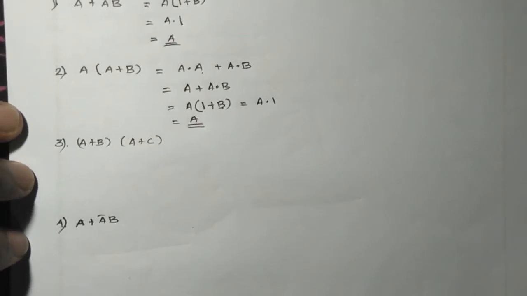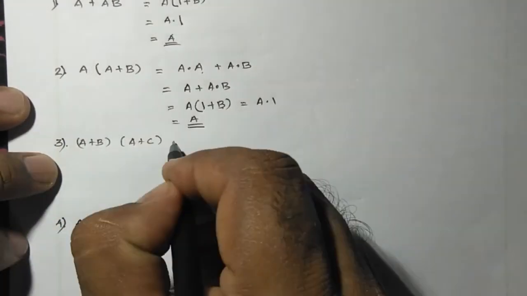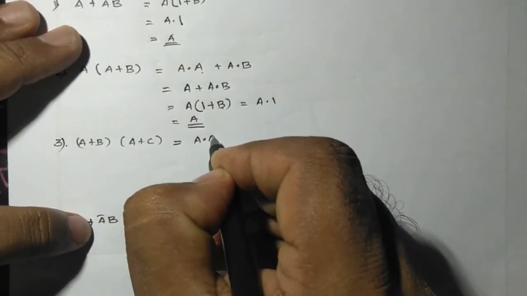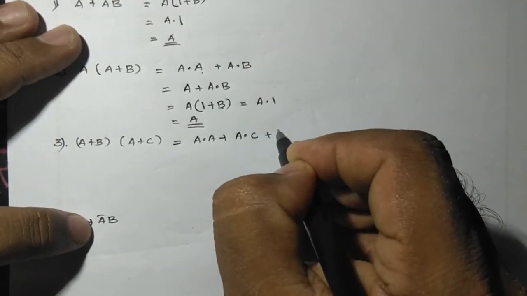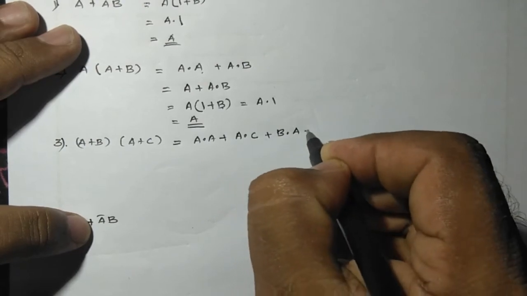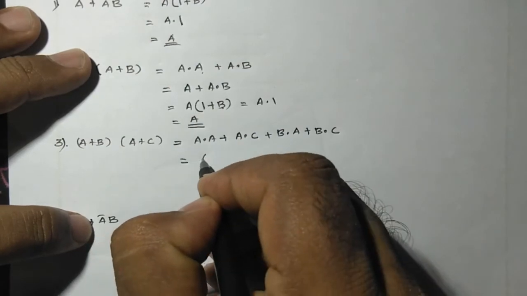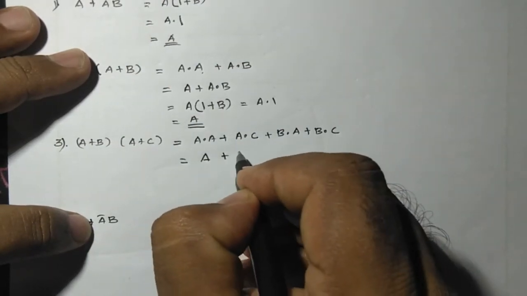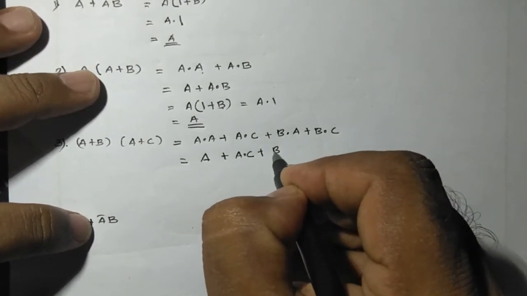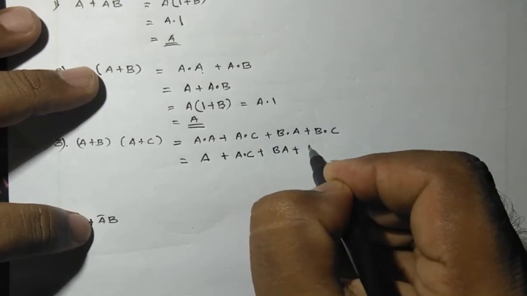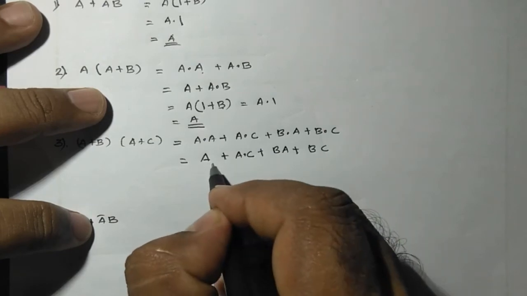Now on to the third problem, (A or B) and (A or C). We can expand this as A and A or A and C or B and A or B and C. A and A is A, or A and C, or B and A, or B and C. So we may take A as common from the first two terms.